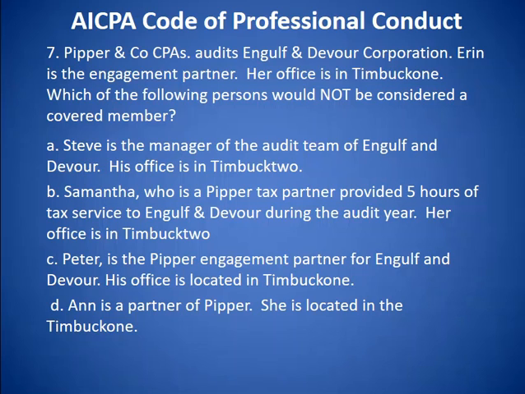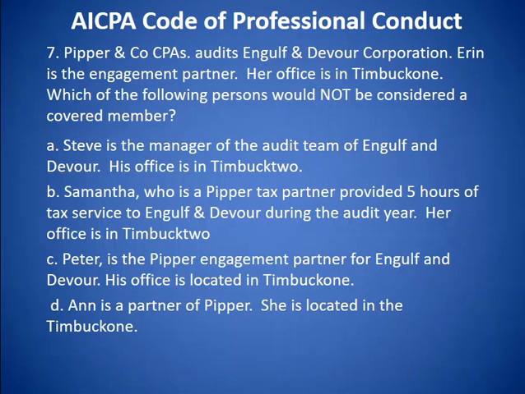So let's try this question here. We have a CPA firm called Pipper and Company. And Pipper and Company CPAs audits a client called Engulf and Devour Corporation. Aaron is the engagement partner on behalf of Pipper and Company CPAs. Her office is located in the city of Timbuk 1.